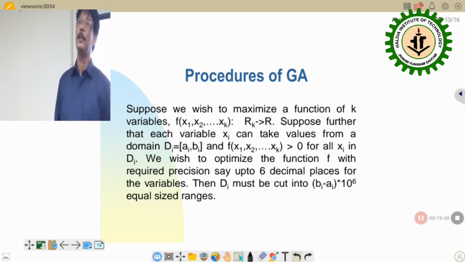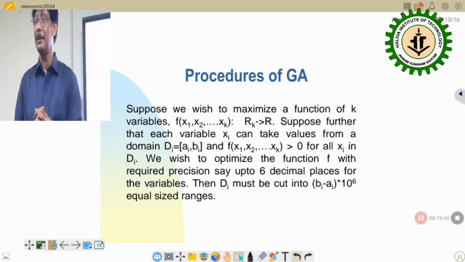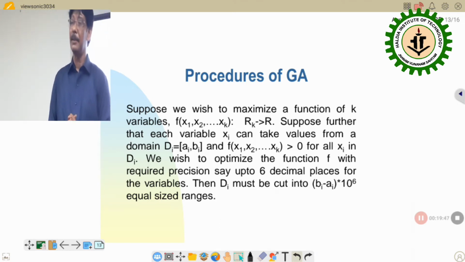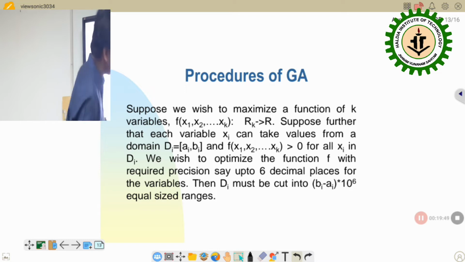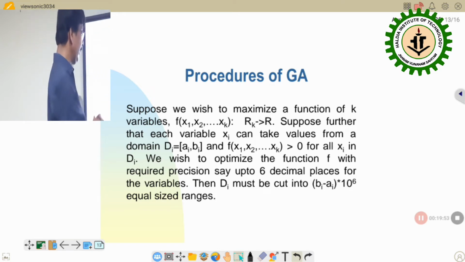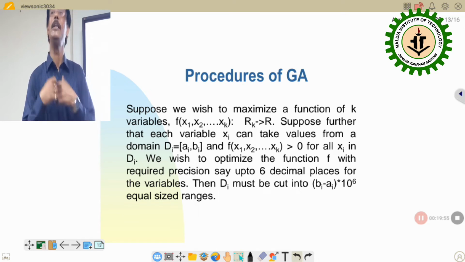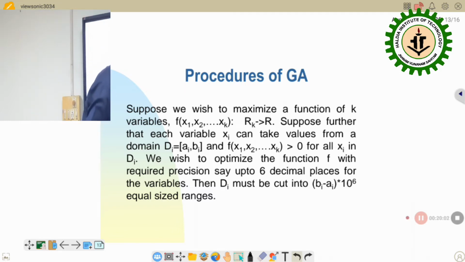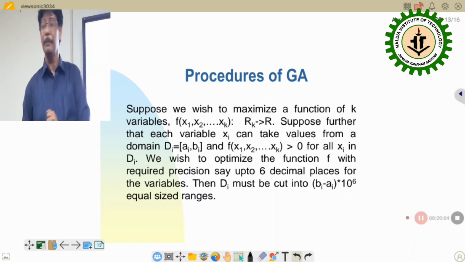Suppose I want precision up to 2 decimal places, then (bi minus ai) into 10 square, like that. So the whole domain of xi has to be subdivided into equal size sub-ranges, discrete domains: (bi minus ai) into 10 to the power 6.